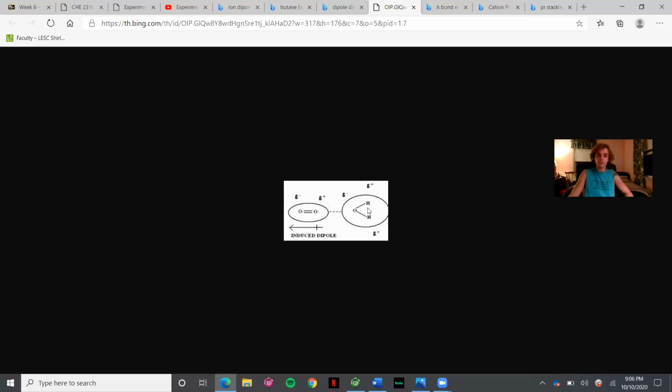But when it gets close to water, because water is a dipole, it can form an induced dipole. The electrons are attracted more to one of the oxygens, and pushed closer to the opposite oxygen. So this oxygen becomes slightly more positive and can be attracted to the oxygen found in water. So you get a slight surface tension.